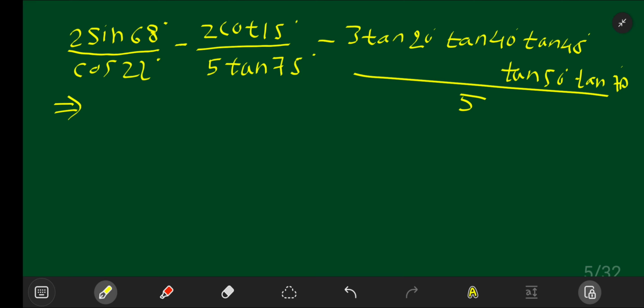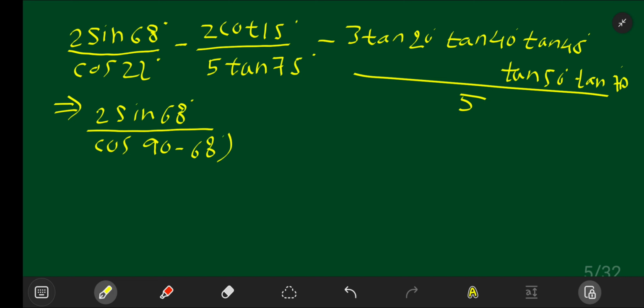Now, no need to disturb the numerators, just disturb the denominators. Sin 68 degrees divided by cos 90 minus 68 degrees. 22 degrees is written as 90 minus 68. 90 minus 68 is 22, no?